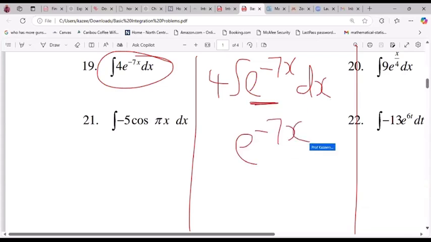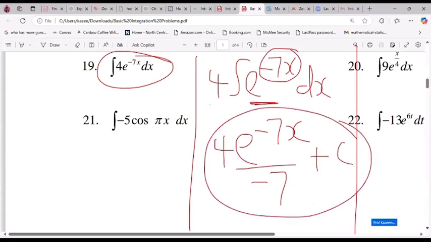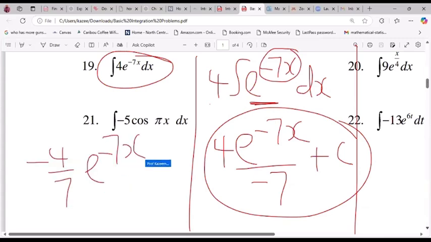Then I differentiate the top, negative 7, and I write that. Then the 4 here, I put that, plus c. So finally, that's going to be negative 4 over 7 e raised to the power that, plus constant. That's super easy. That's how we do it.